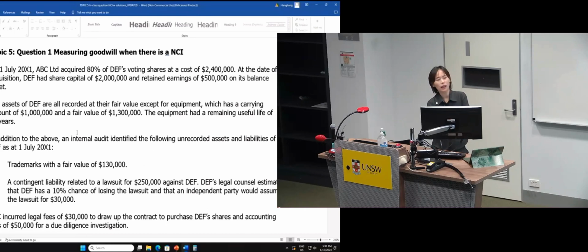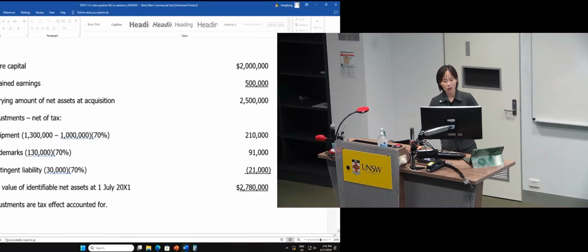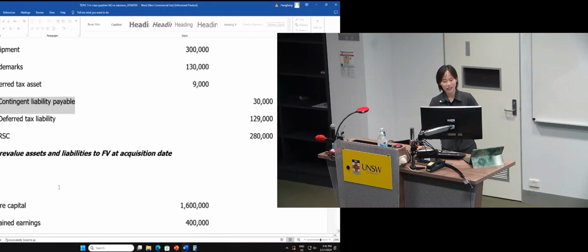Now for the contingent liability, we raise a provision account. We credit provision for legal claims, 30,000, debit DTA, 30% of 30,000, and then we debit revaluation surplus on consolidation for 21,000. Now, you can see when you combine all of these 3 entries, you will have this one.